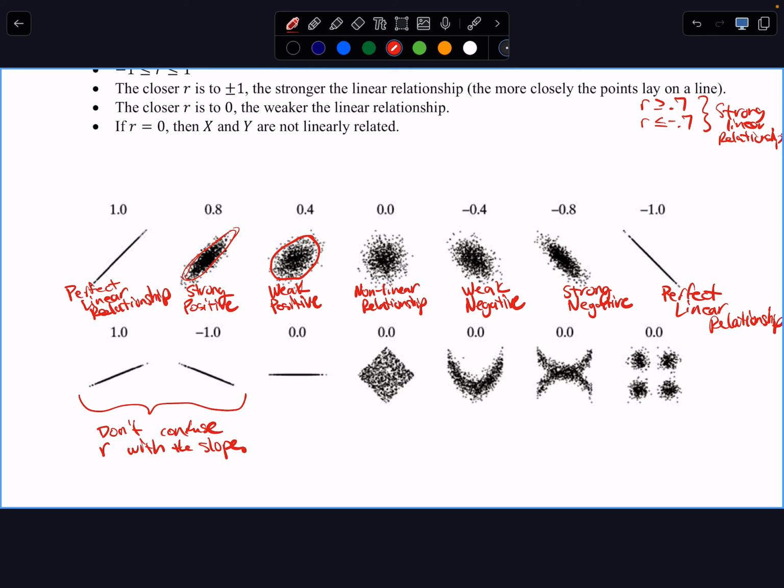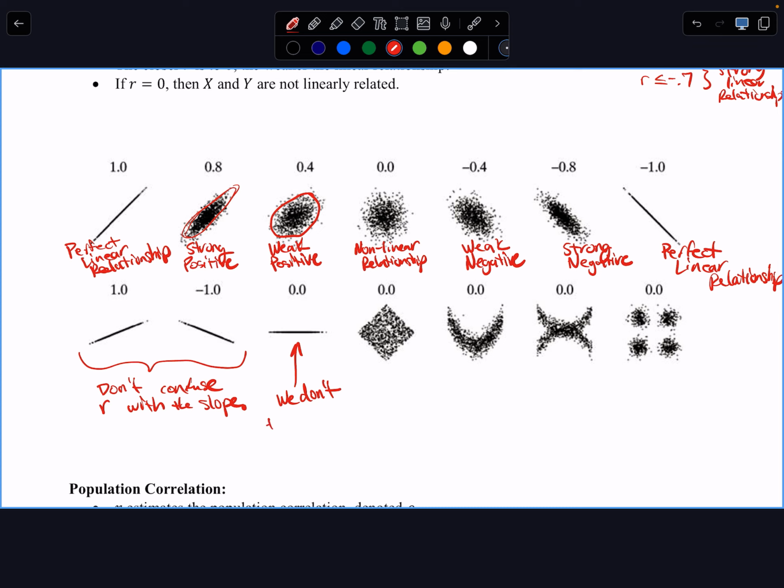Now there is one line that we're going to deal with where the points can make a perfect line, but we're going to say that there's not a relationship between those two variables, and that is a horizontal line. We don't consider there to be a relationship between the two variables if the relationship leads to a horizontal line.